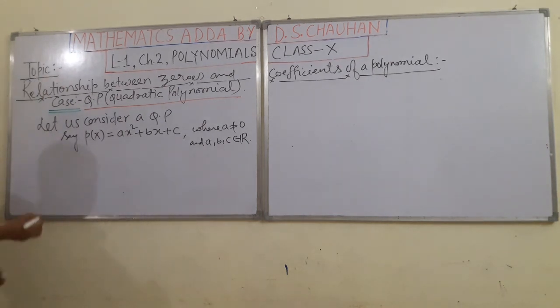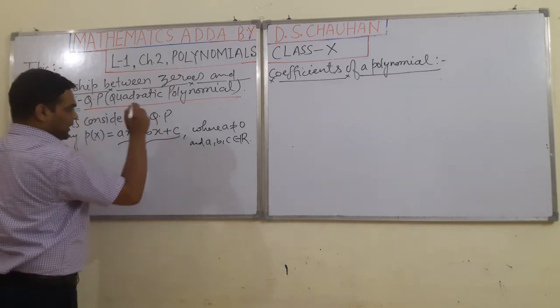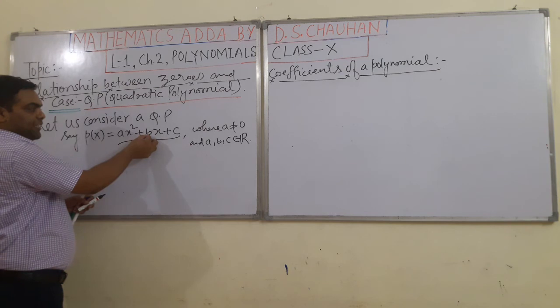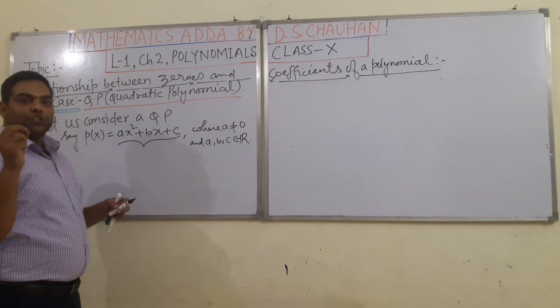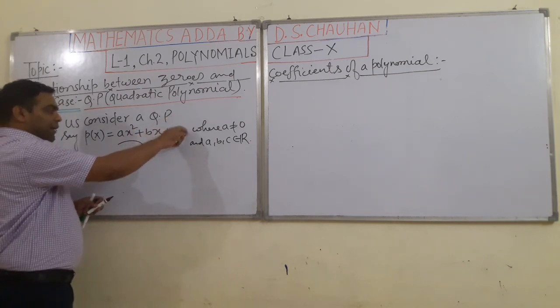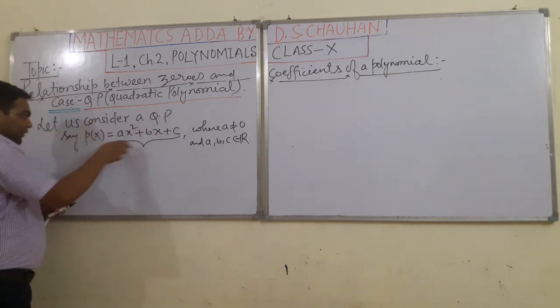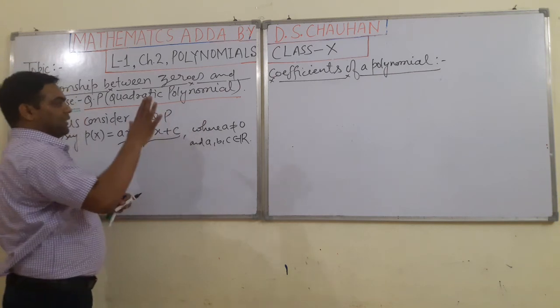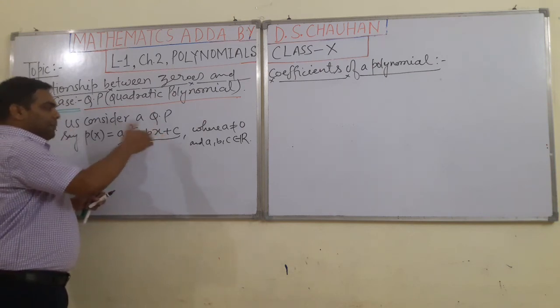Well students, this is the standard form of a quadratic polynomial where the coefficient of x square is a, the coefficient of x is b and the constant term is c. Sometimes the constant term is called the term independent of the variable. This is the polynomial defined over x. Here the constant term c is independent of x.